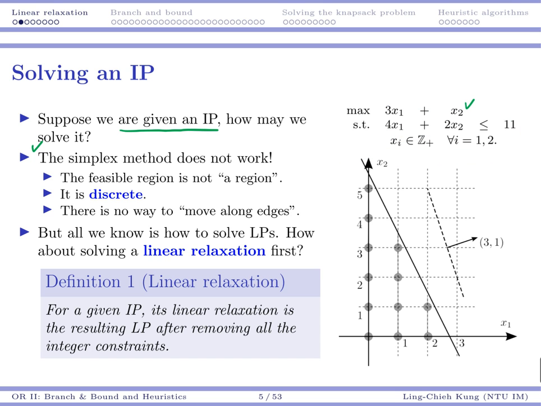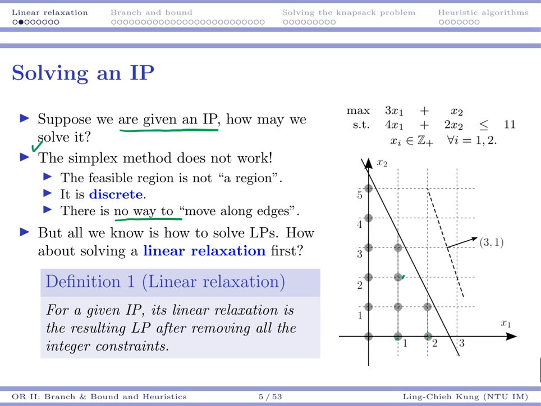So here we have a notation Z plus. Z is the set of integers, and adding a plus here means they are non-negative integers. So if that's the case, then your feasible region is the set of this one, this one, this one, this one, this one. You get several points that are feasible, but they do not really form a region.